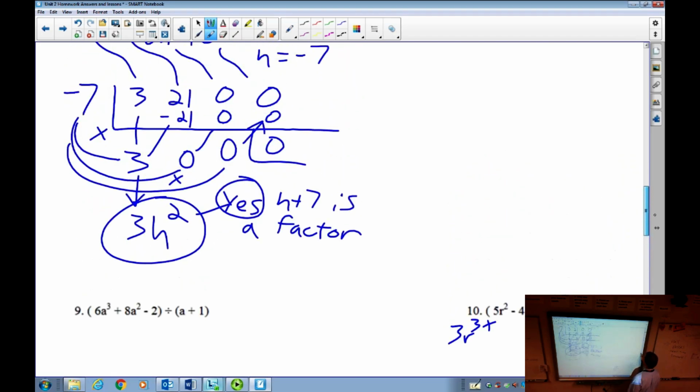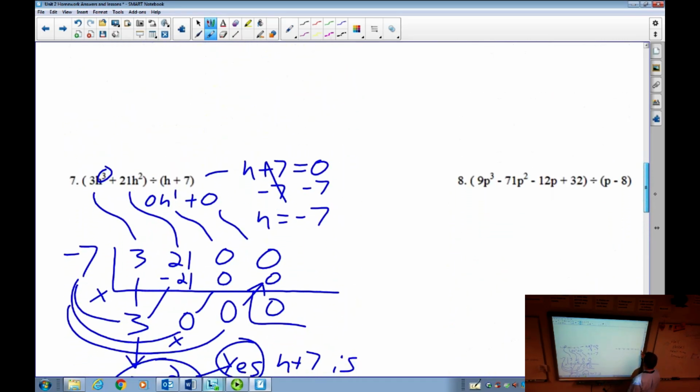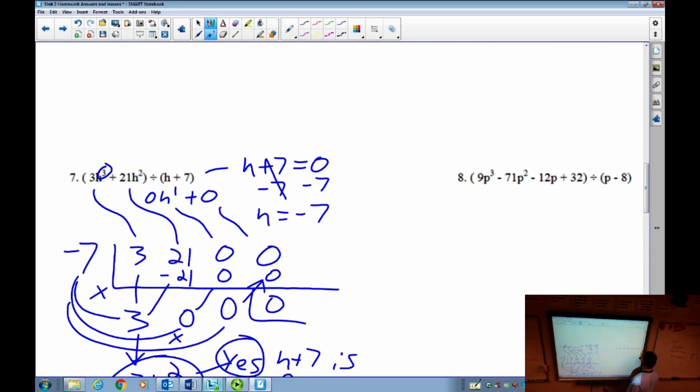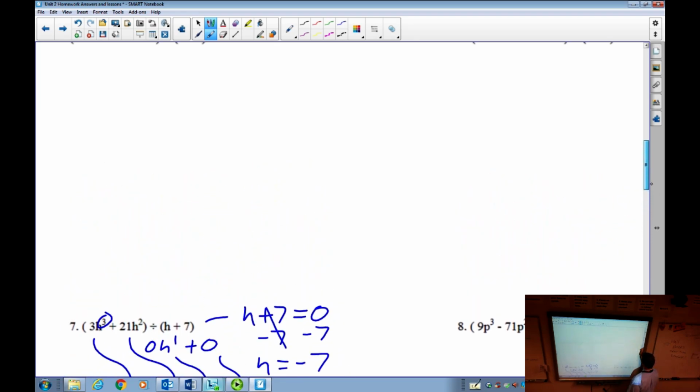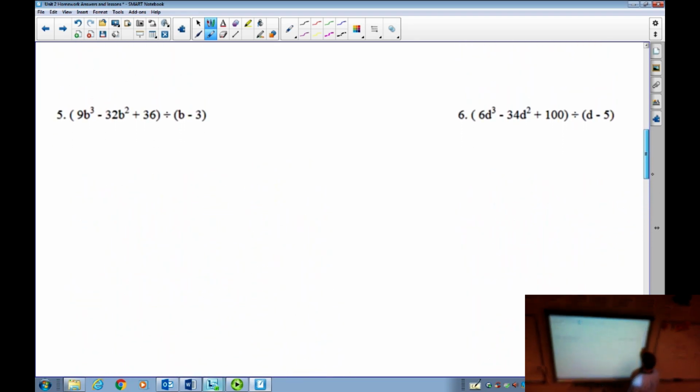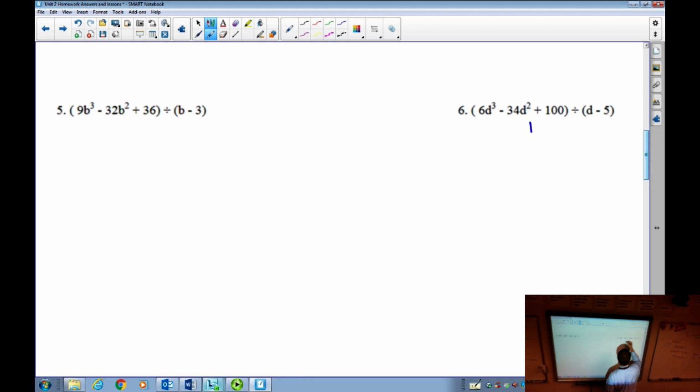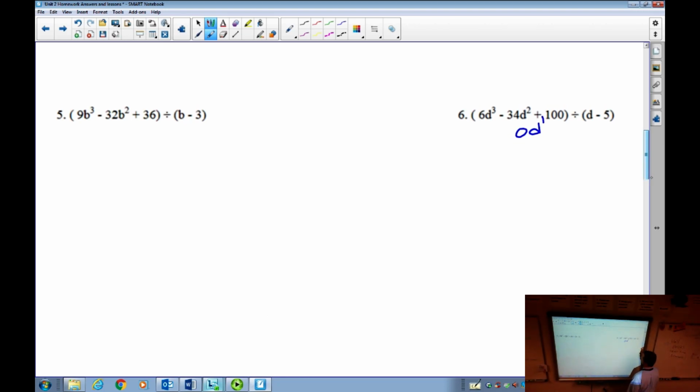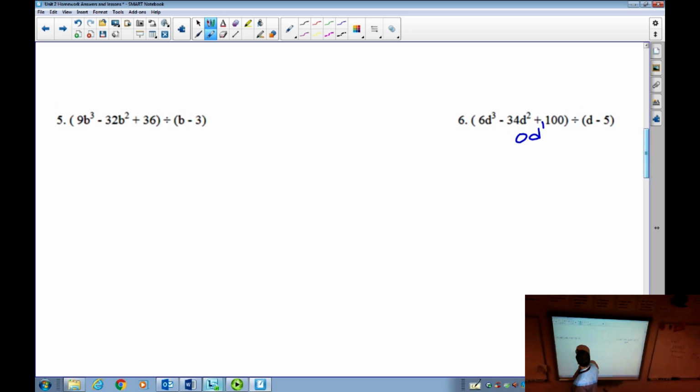A lot of them you're going to either have to put in order or maybe you're missing one. Number 8's not missing one, so that's nice. Number 6 you are missing, so put a 0d to the first power as a placeholder there. Number 5, again, you're missing a b to the first power, so you're going to have to use a placeholder there.